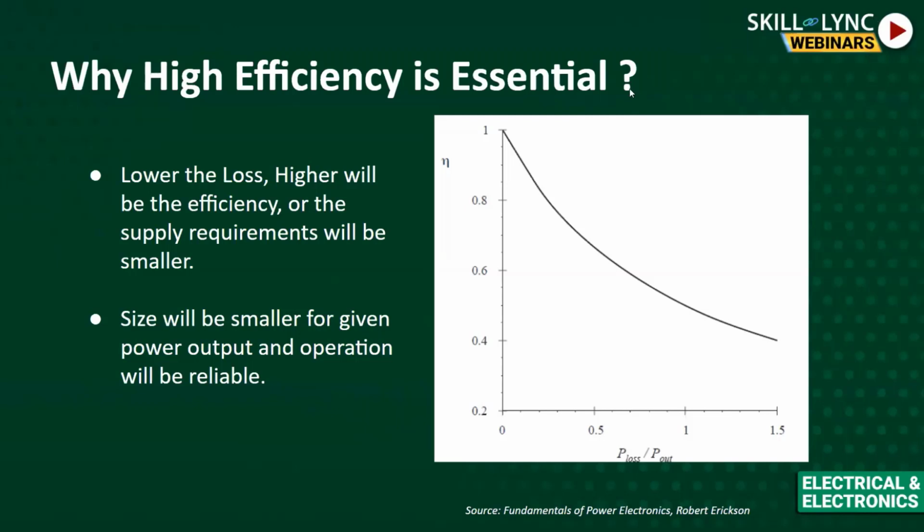Right? If size is smaller for a given power output, operation is much more reliable, and then cost can be reduced. If power supply requirements are lesser, then your power module or the power converter, the switch can be of lesser size, and so on. Right? There are many other advantages which we will discuss while going detailed into the subject. Of course, not in this PPT, but maybe.